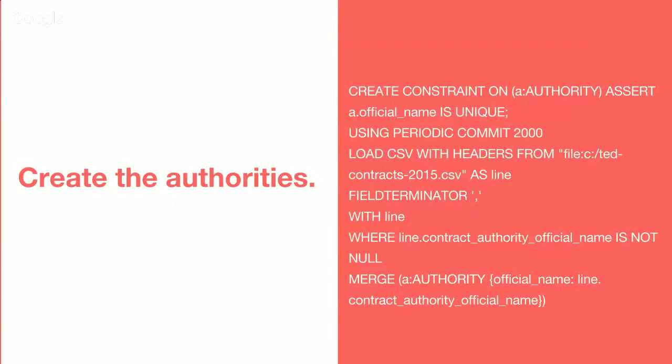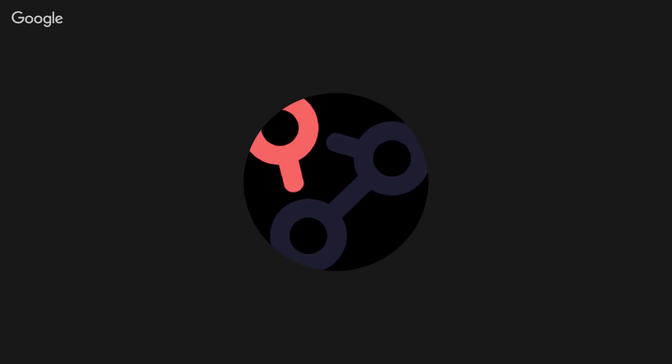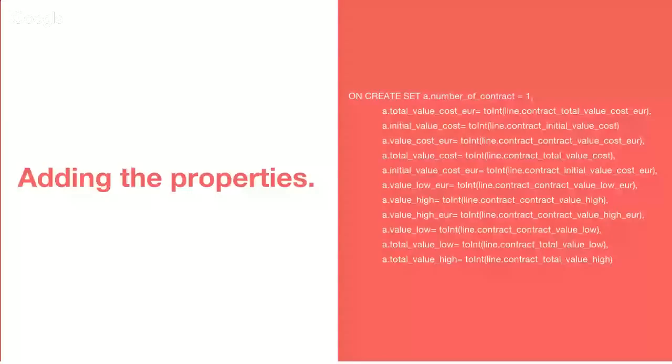It's also important not just to create them, but also to populate these entities with relevant properties. So for example, here we can see a snippet of code that adds a number of properties to the authority nodes. The code is fairly simple. It's ON CREATE SET, and then a.number_of_contracts = 1, a.total_value_cost_euro = toInt(line.contract_total_value_cost_euro).